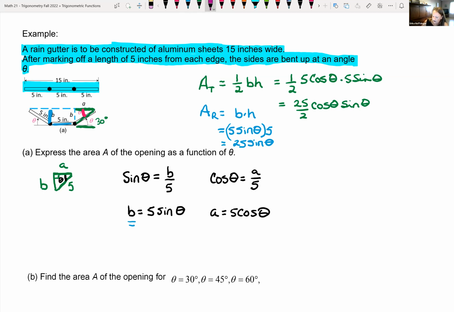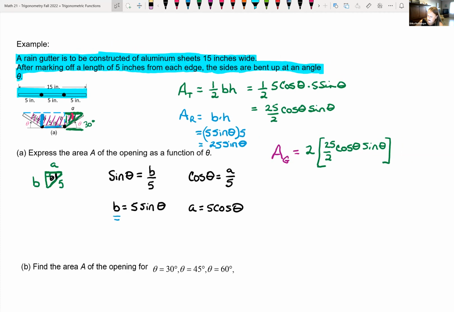So if we wanted to find the area of the whole thing, the area of this gutter, let's just do A sub G. This is equal to, we have 2 triangles, so 2 times the area of each one of those triangles. So 2 times 25/2 cosine theta sine theta, plus the area of the inside piece, which we found to be 25 sine theta.